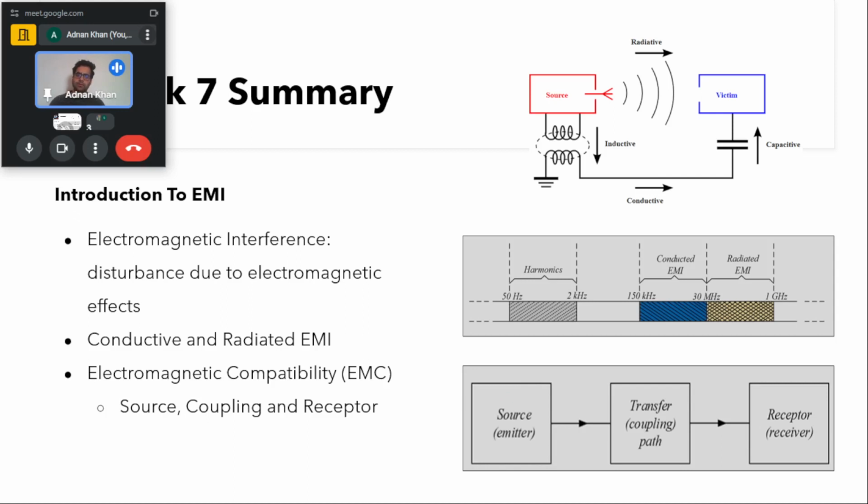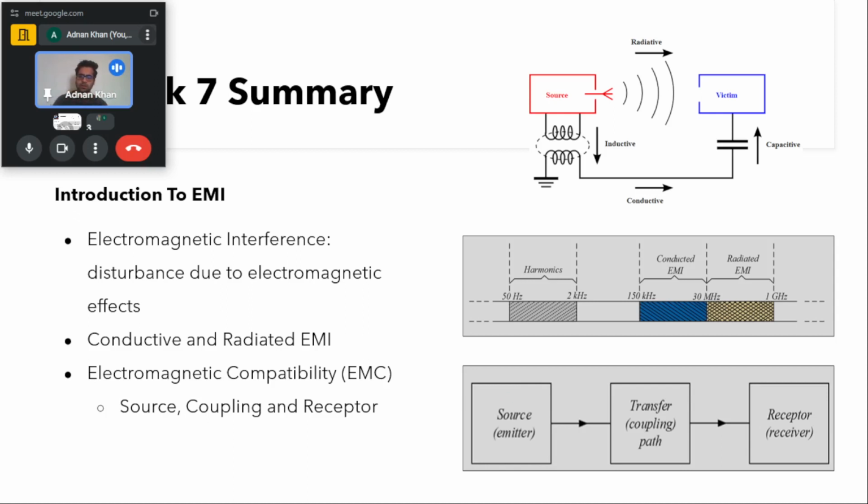So yeah, you can see that the main way this electromagnetic interference can travel from one part to another is usually by two means. One is conductive and another is radiated EMI.